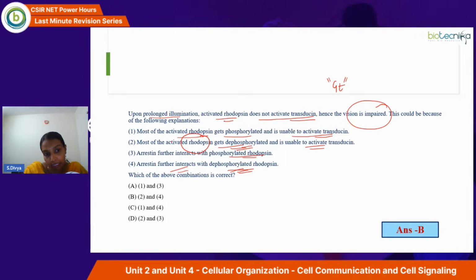Actually, in this case, what should be the correct answer? Do you think B is the correct answer? Everyone? Are you able to correlate whether it is correct or not? It has to be which one? Okay, let me first give you the explanation of how exactly it happens.